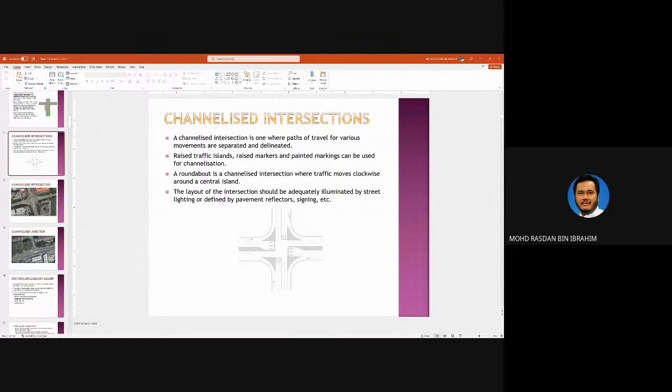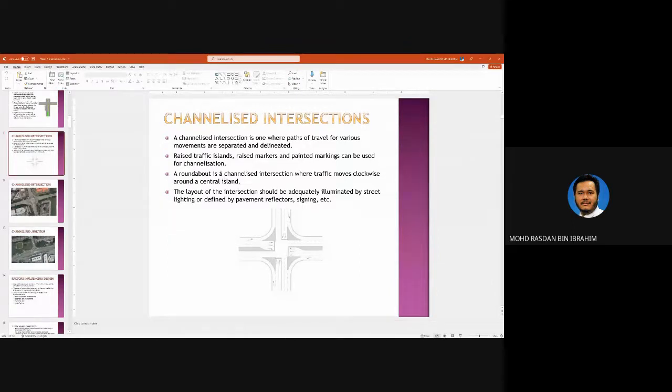A channelized intersection is where the path of travel for various movements are separated and delineated. So raised traffic islands, raised markers, and painted markings can be used for channelization. You have separated channel here, and then you have raised island over here. Or this island can also be painted. Okay.